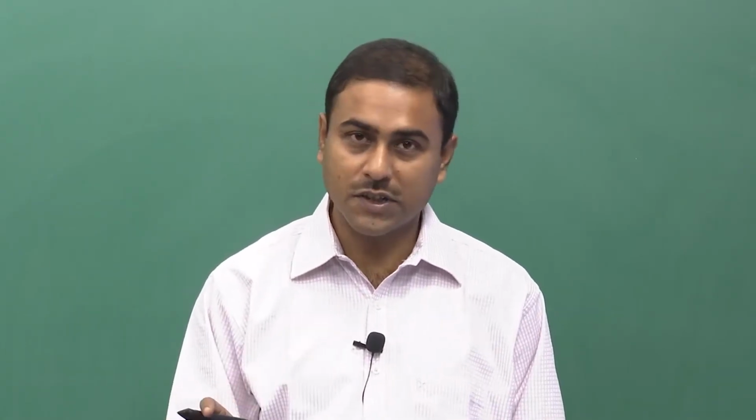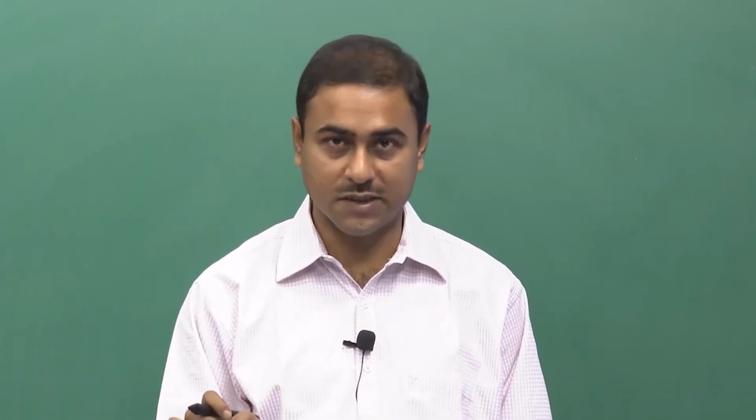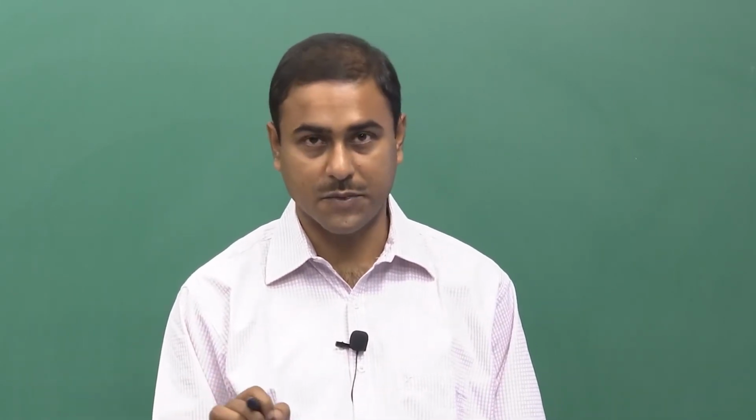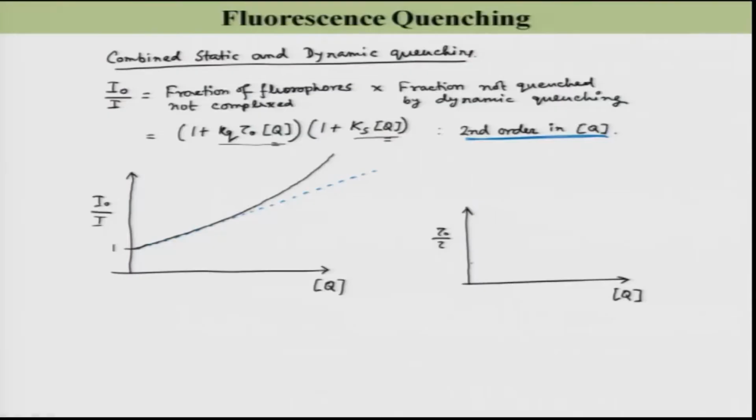Both quenching processes are operational, but only dynamic quenching is visible for the lifetime measurement. So, in this case this will be purely a straight line, intercept equal to 1, and here the slope will be equal to Kd is equal to Kq into tau 0.